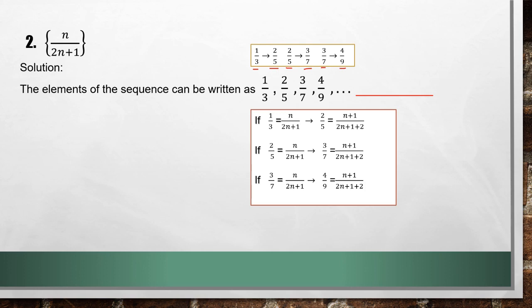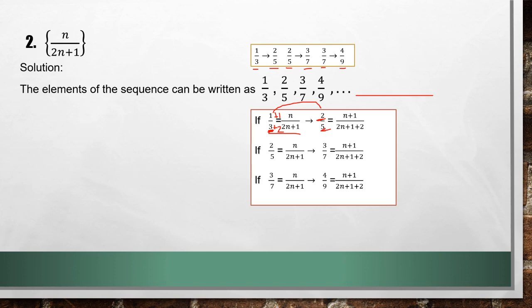Now if we let 1/3 be n over 2n plus 1, considering that the next term is 2/5, if we add 1 to 1, then this becomes 2. If we add 2 to 3, then this becomes 5.